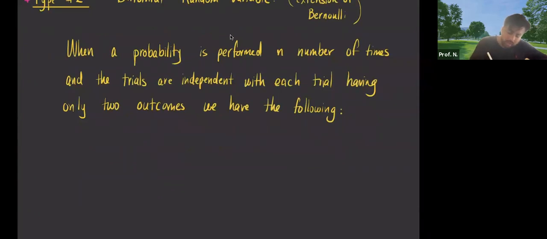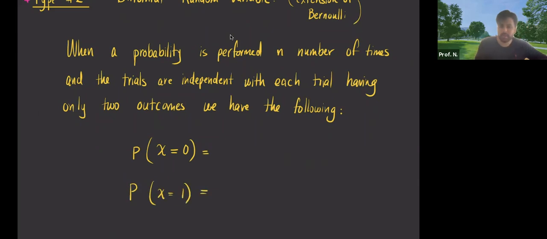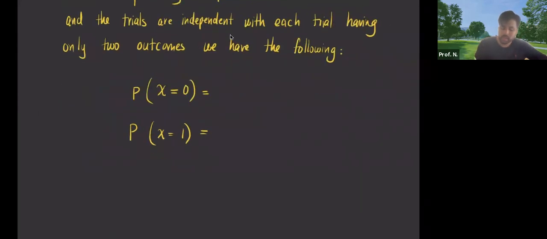So again, we have this outcome, right? My random variable x can either be 0 or 1, a success or a failure. But now our random variable is defined a bit differently. Let me show you what I'm trying to say.